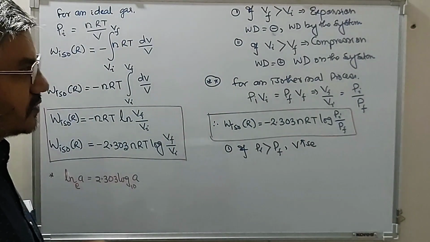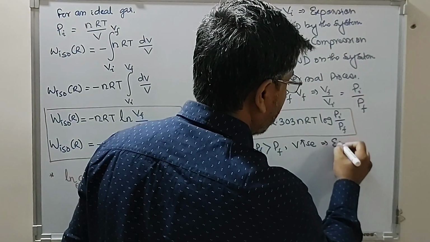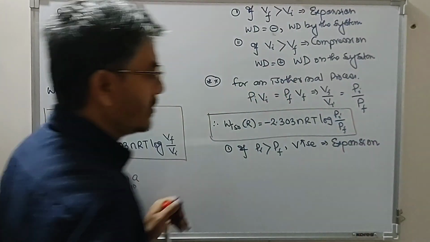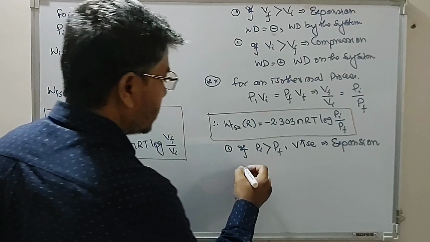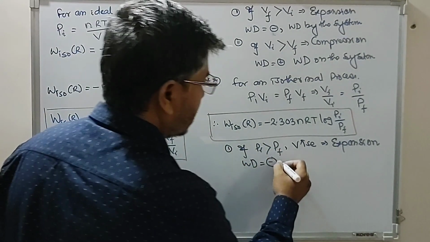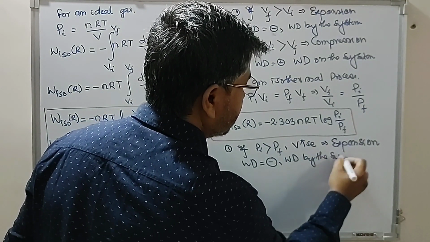If there is increase in volume, that is expansion. So work done is negative, work done by the system.